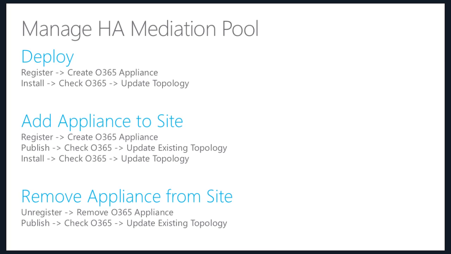So once the publish command is run on that first Cloud Connector appliance, and he now understands all and sees all, then we can go back to the new appliance that we're adding to the site and go ahead and run the install process there.